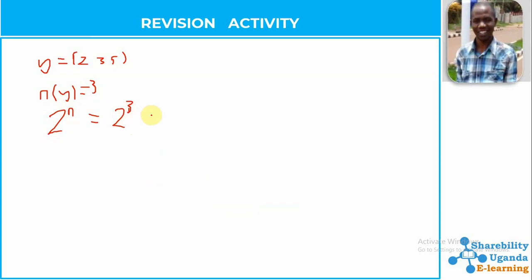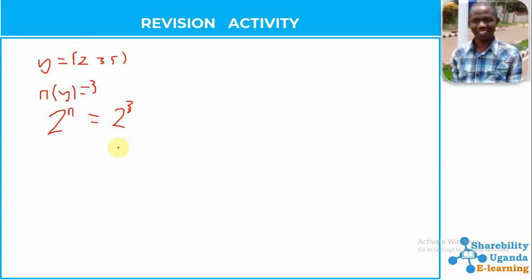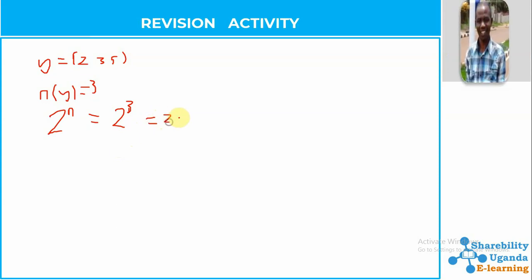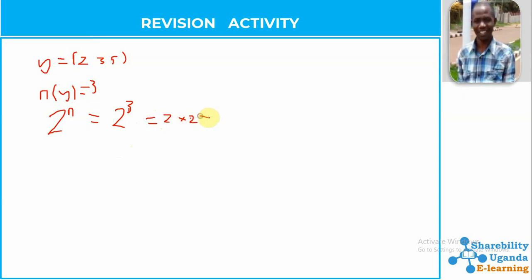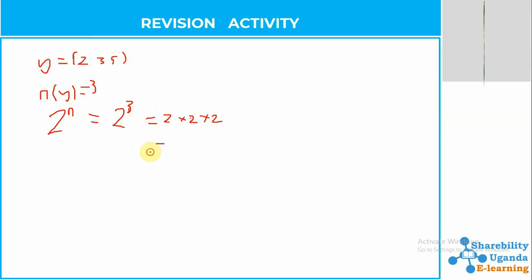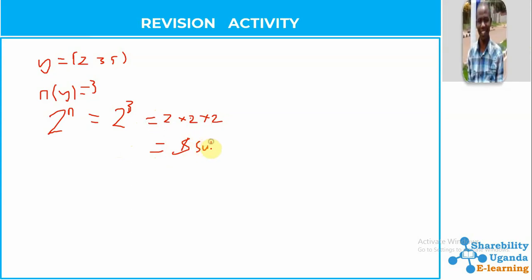So we are able to see how we get this, and in solving this, 2 to the power 3 is the same as 2 times 2 times 2, 3 times, and we are able to get 8. So these are 8 subsets.